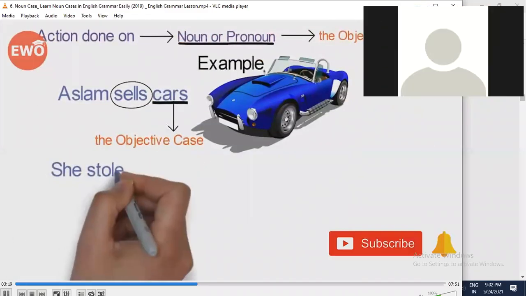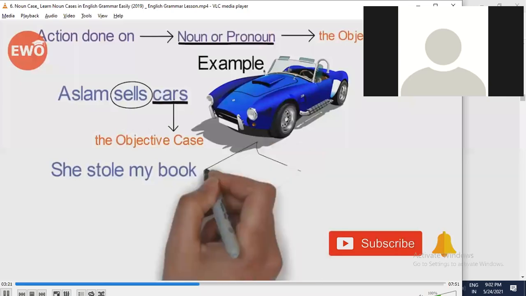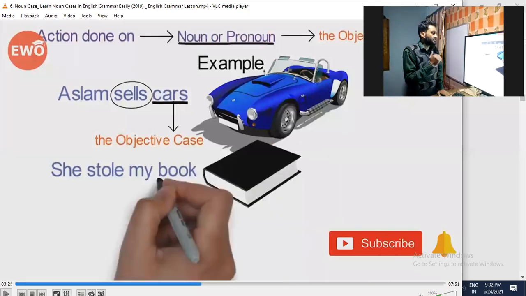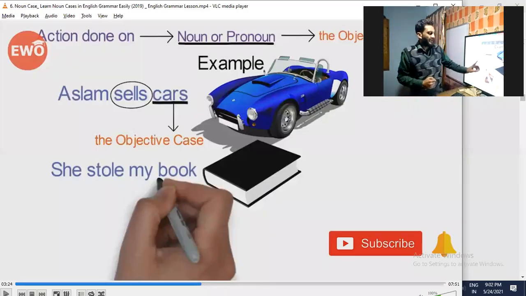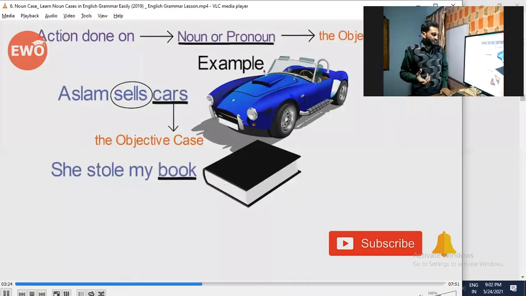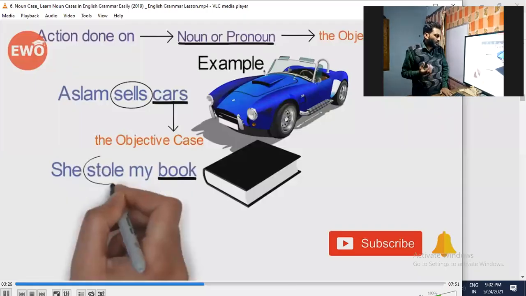उसमें एक और सेंटेंस मैंने बोला था, She stole my book. Now उसमें हमने कहा था that she, that is a pronoun and it's in subjective case because she here is the doer of the action, or we can say she is the subject of the sentence, that's why it's called a nominative case. But we have another noun in this sentence, that is book. But what is book? Is book subjective or objective?